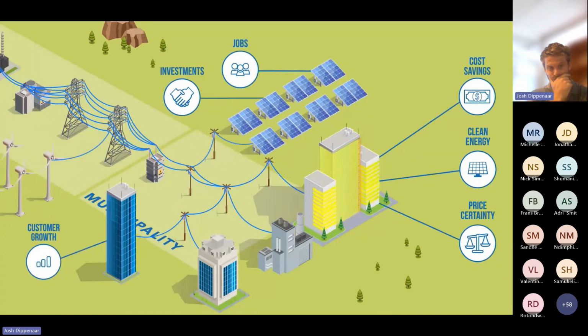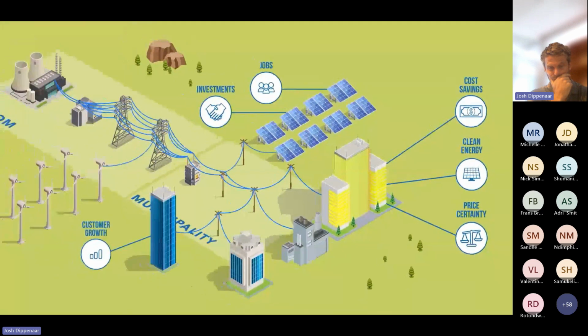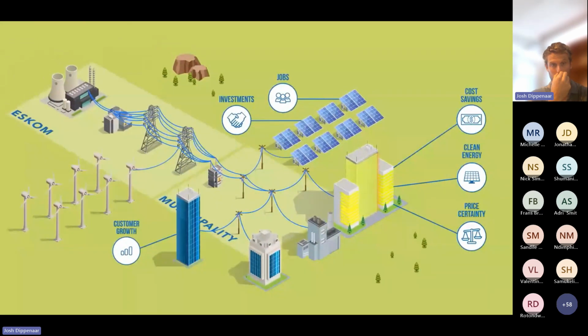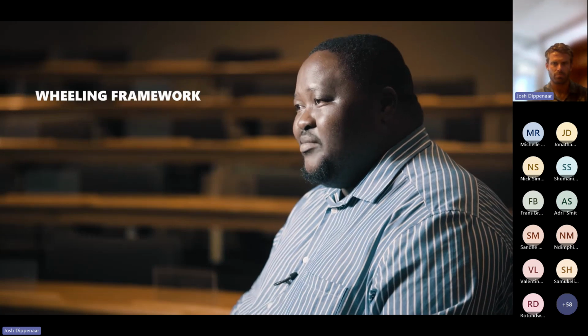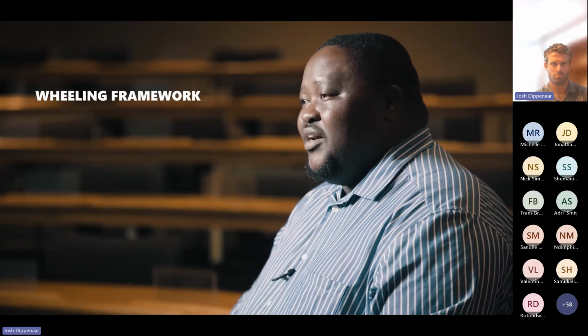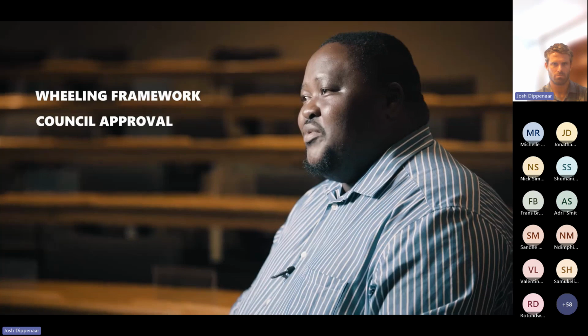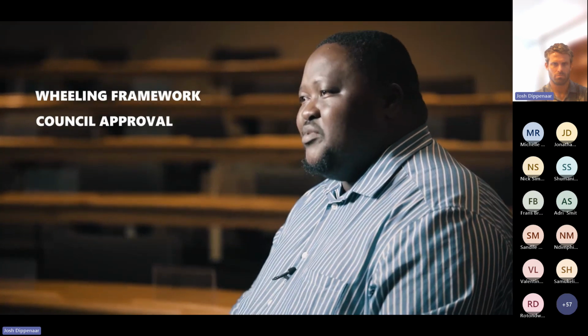Wheeling is a new service that municipalities are being asked to respond to. We asked Bongani for the key actions municipalities can take to facilitate wheeling. To facilitate wheeling in the municipality, I think the key aspect would be firstly to have a wheeling framework established, have that taken through to council so that council approves wheeling as a service that the municipality provides.